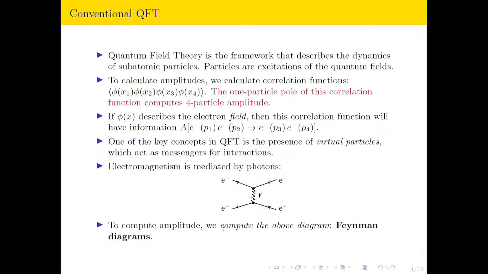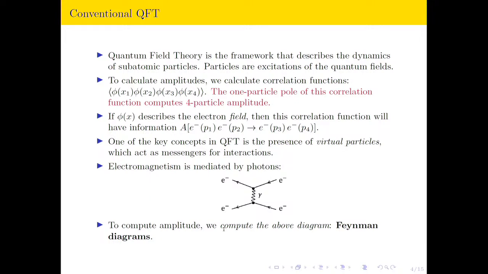If that is the case, then we find such 4-point correlation functions, and the one-particle pole of this correlation function will compute the 4-particle amplitude for us, okay? So if we take appropriate poles and residues of this, we'll get the 4-particle amplitude here.